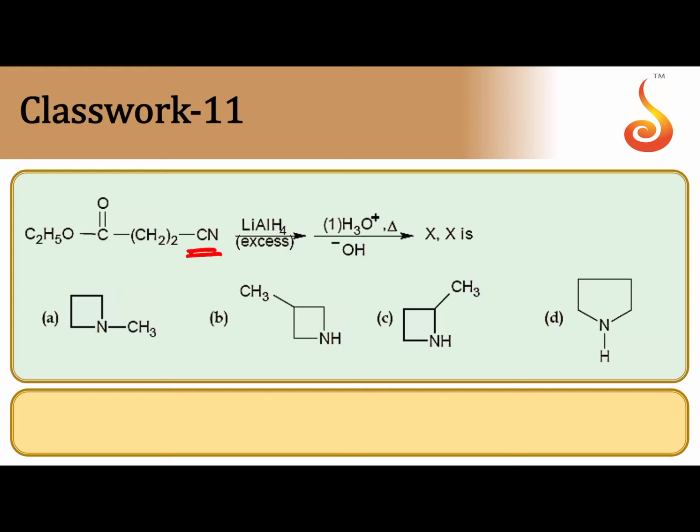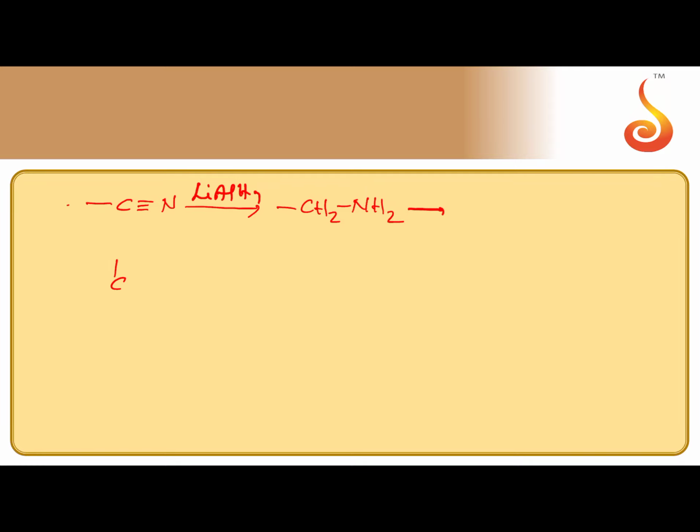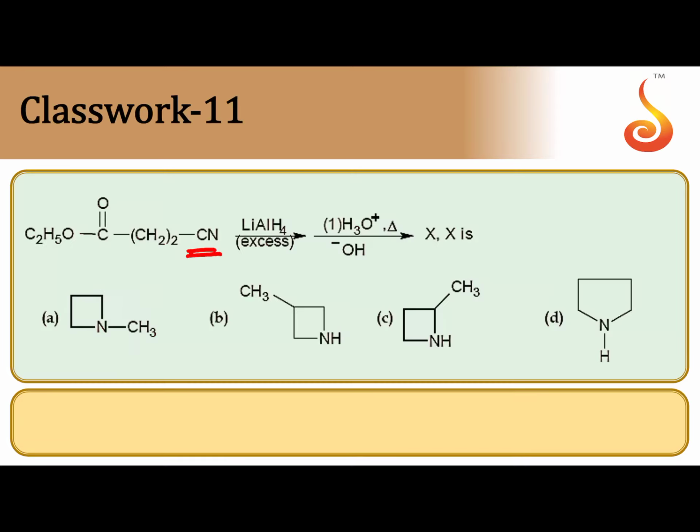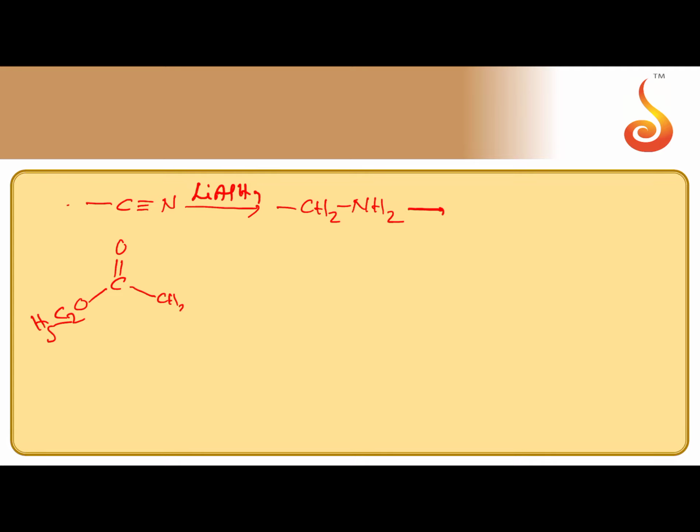So let us take the total compound: COOC2H5 on one side, other side CH2CH2CN. After the reduction by LiAlH4 it becomes amine, CH2CH2CH2NH2.